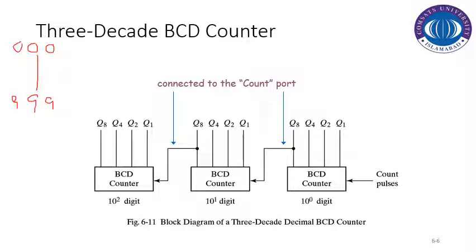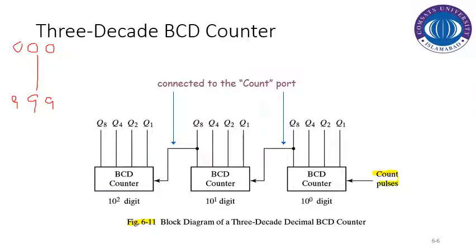Basically, this is figure 6-1 of the book that represents the block diagram of the 3-decade decimal BCD counter. Basically, we are utilizing that BCD counter which we have studied earlier, and here we can see that for the first decade, or for the first digit, we are applying the count pulses here.